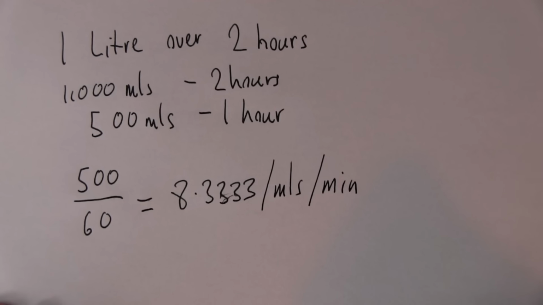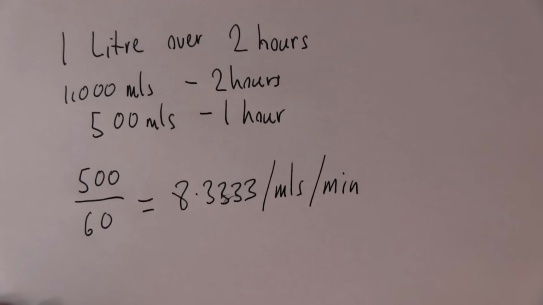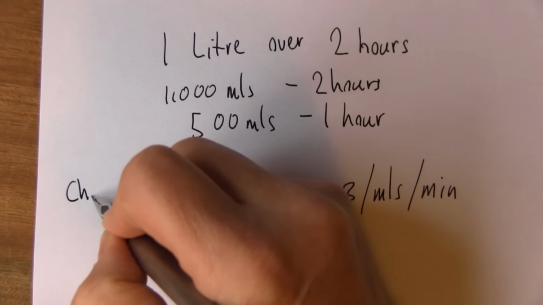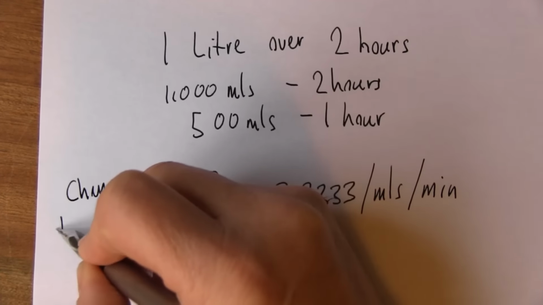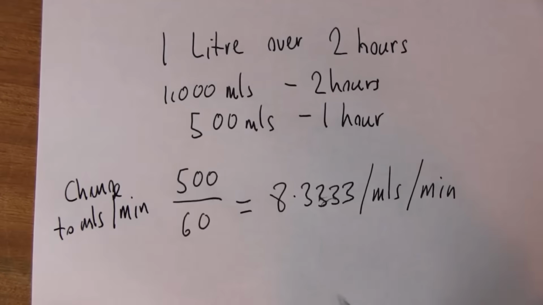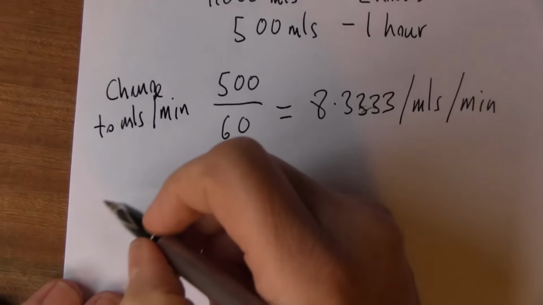But we want to know how many drops per minute on our giving set. So we've changed it to mils per minute. Now we want to change it to drops per minute.